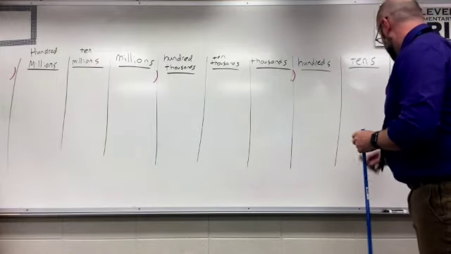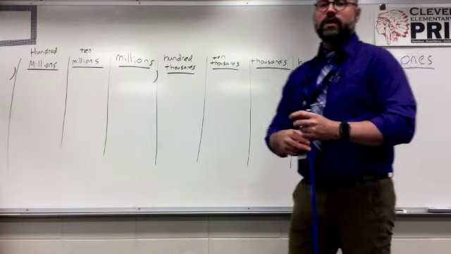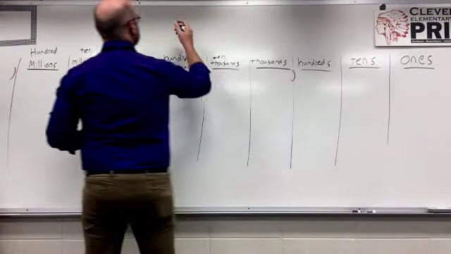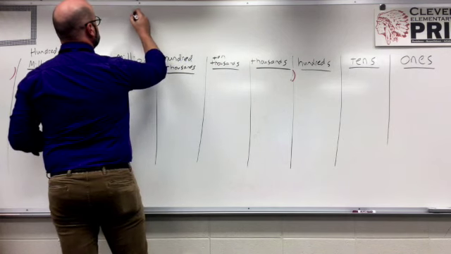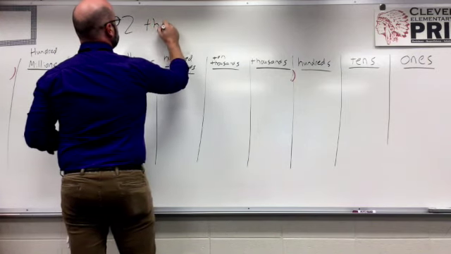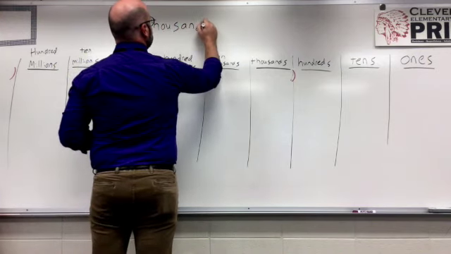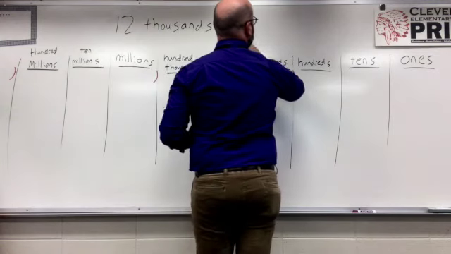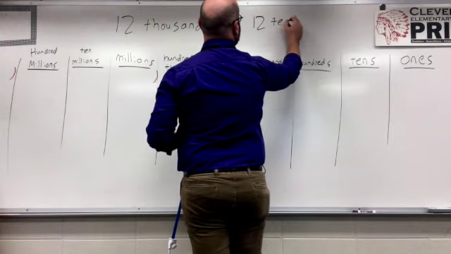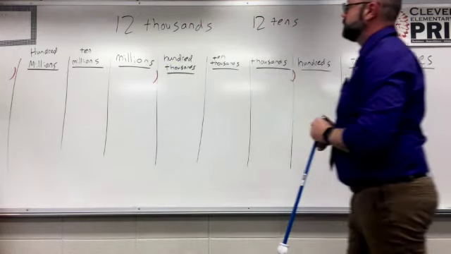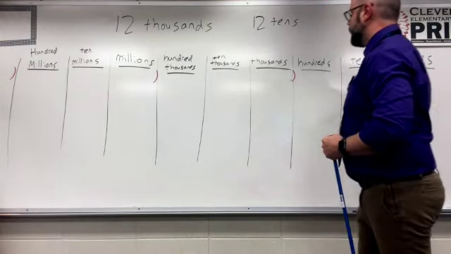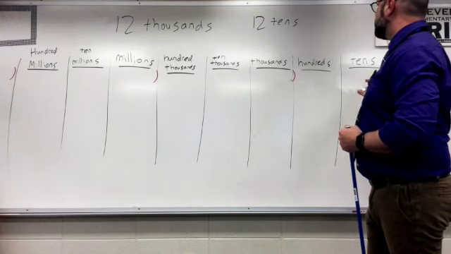All right? Let's take a look at writing these numbers with a comma. Let's start off by just putting this number, 12 thousands. How am I writing that number? If I want to put the digits on the place value chart, where am I going to put it?